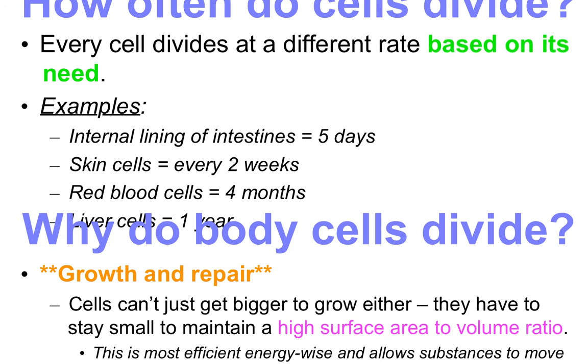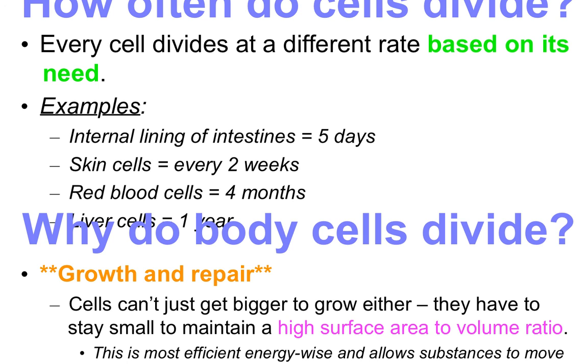But why do your body's cells need to divide in the first place? Besides the most obvious reason, which is to take you from that zygote to the beautiful human that you are, cells need to repair themselves. They just can't get bigger to grow. They have to stay small.